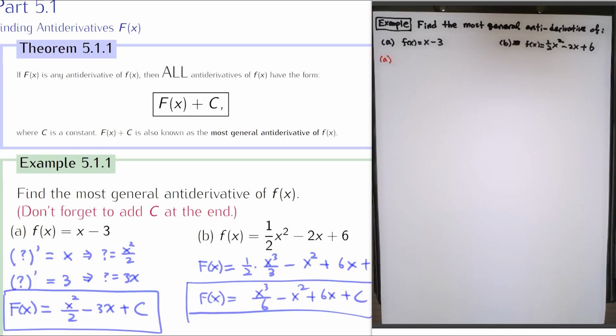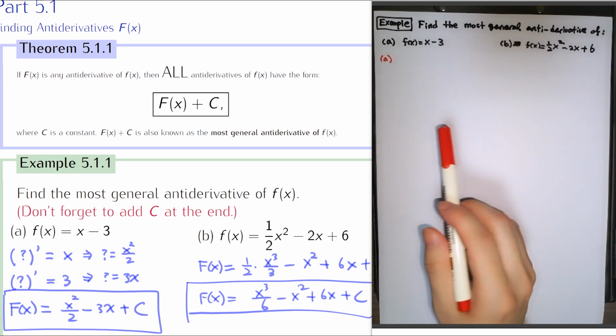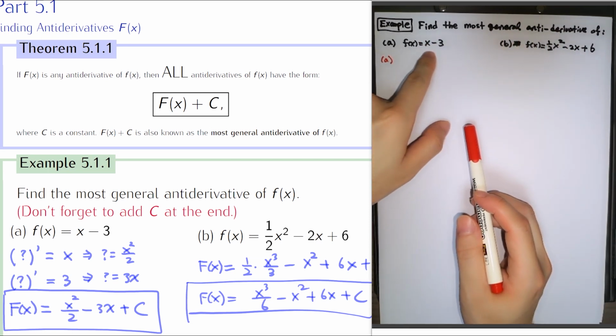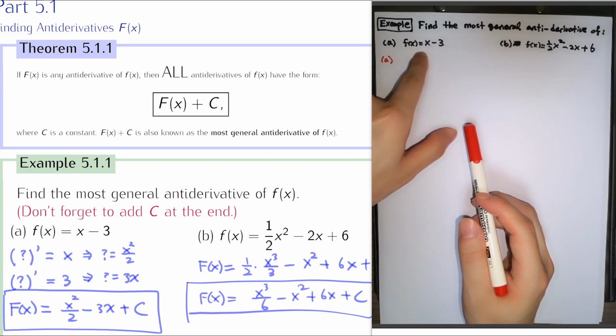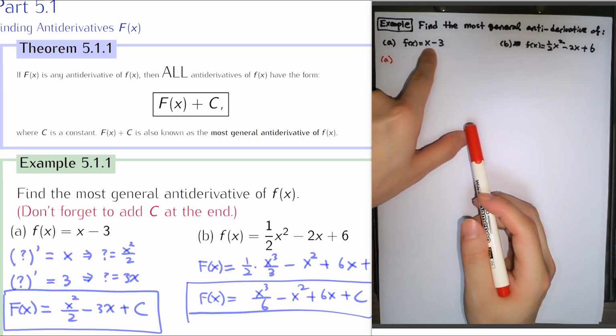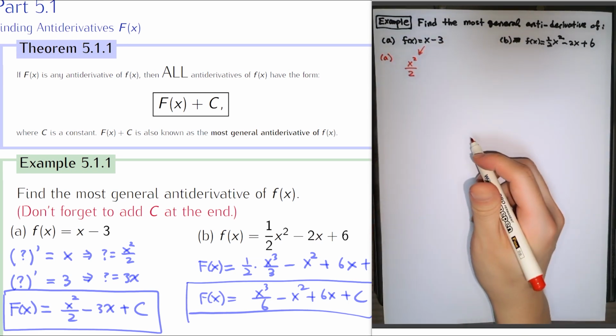All right, everyone, let's try this example. We're going to find the most general antiderivative of these functions. Let's try this easy function first. We have y equals x minus 3. The antiderivative of this function, our plan is to do it term by term. For example, the antiderivative of x becomes x squared over 2.